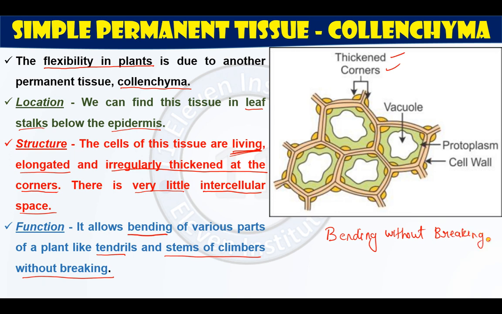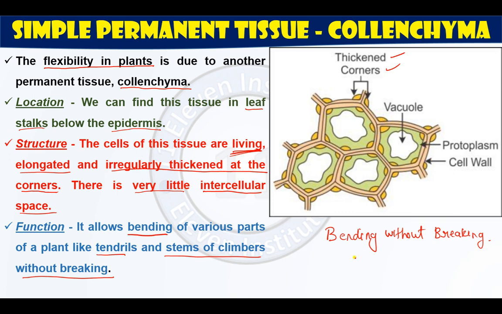If you are able to bend the parts of plants but they do not break, then this specific property is provided to the plants with the help of this tissue. They are living, they are irregularly thickened at the corners, there is very little intercellular space, and it provides bending of different parts of plants like tendrils and stems without breaking.